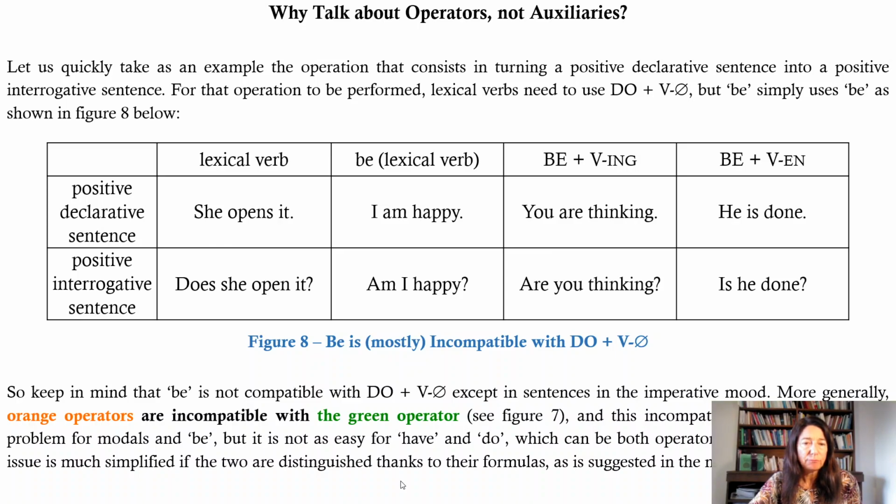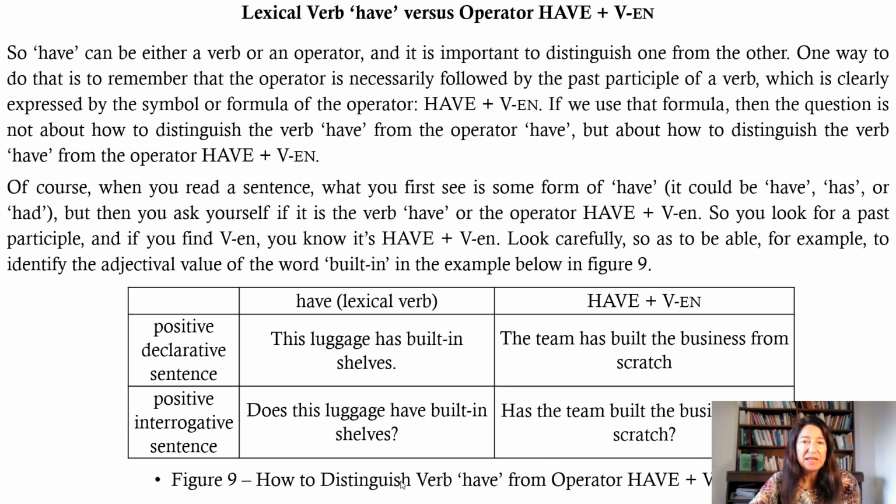Okay, so a few other points mentioned here. I would like to go quickly to these last 2 points here. It is really important to make sure you see the difference between an operator and a verb, especially when it comes to have and do, because both of them can have either a status.